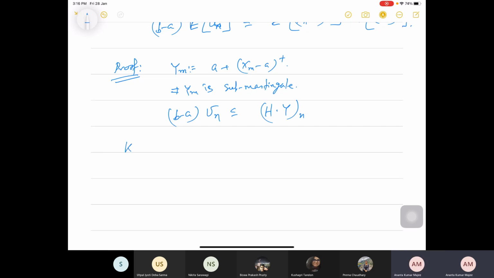Now I define my k of m, which is 1 minus h of m. Then this k of m is again non-negative, bounded, is it not? And also predictable. So k m is non-negative, bounded, and predictable.